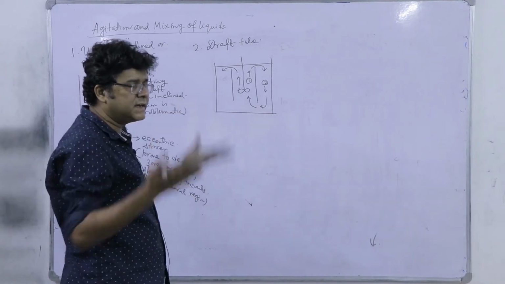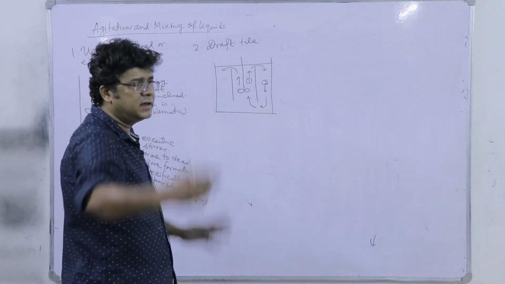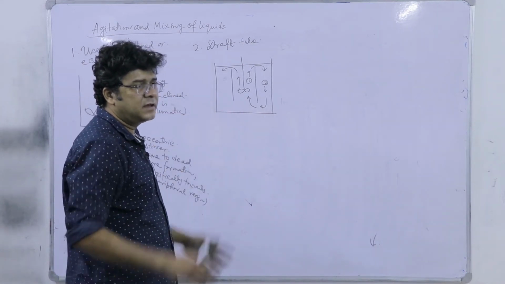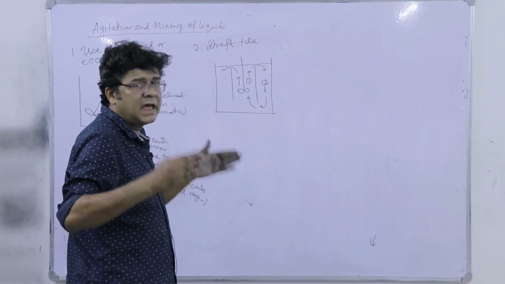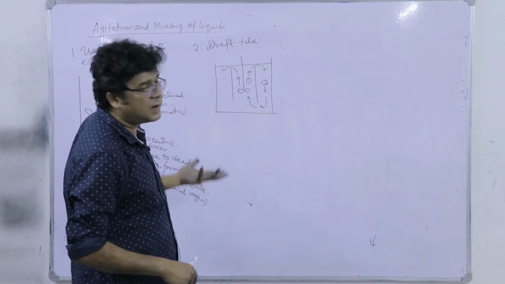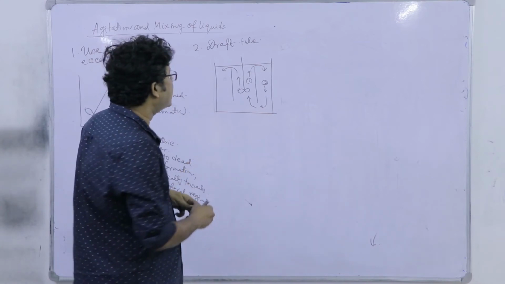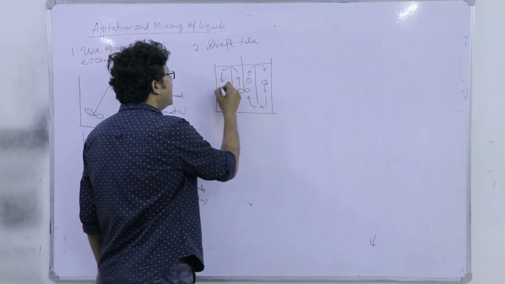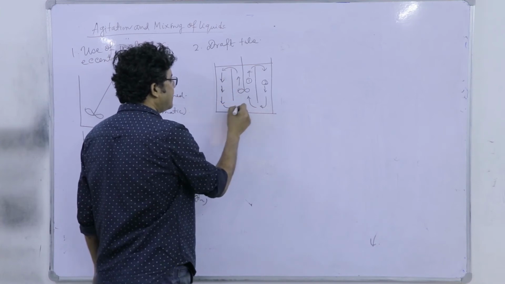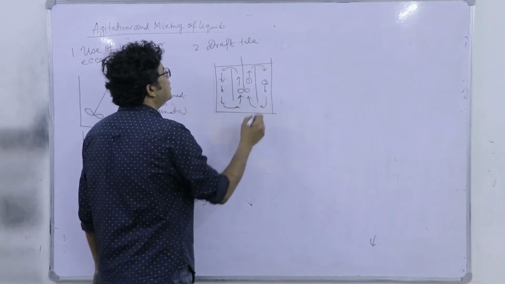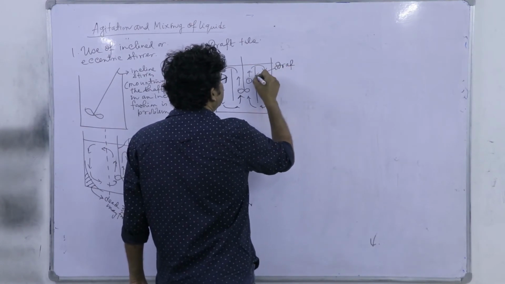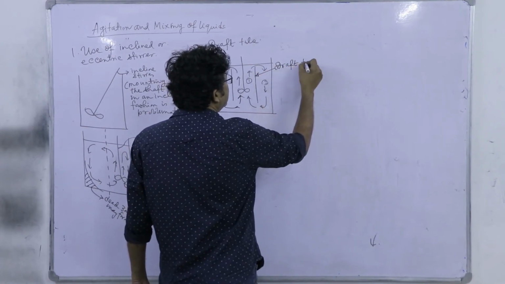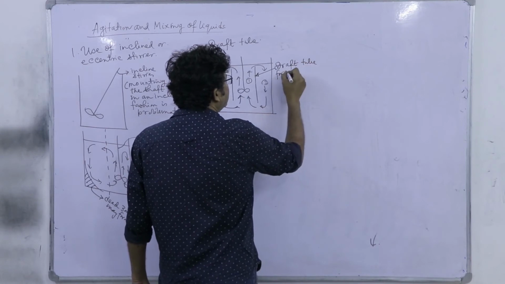So the V theta continuity and the shearing in this theta direction is disrupted, and as a consequence we are converting this V theta more into VR and VZ, and promoting mixing. So this is the draft tube for propeller.